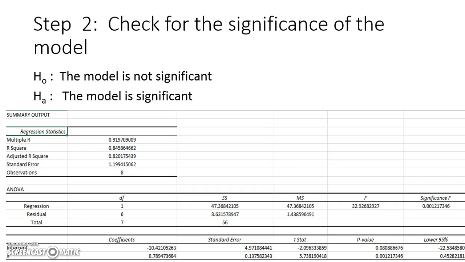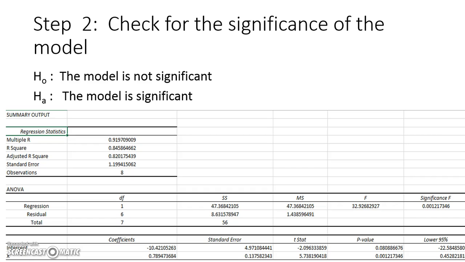Now the F statistic which we get is nothing but the ratio of mean sum of squares regression upon mean sum of squares residual. This is the F statistic which we will check for the significance of the model.